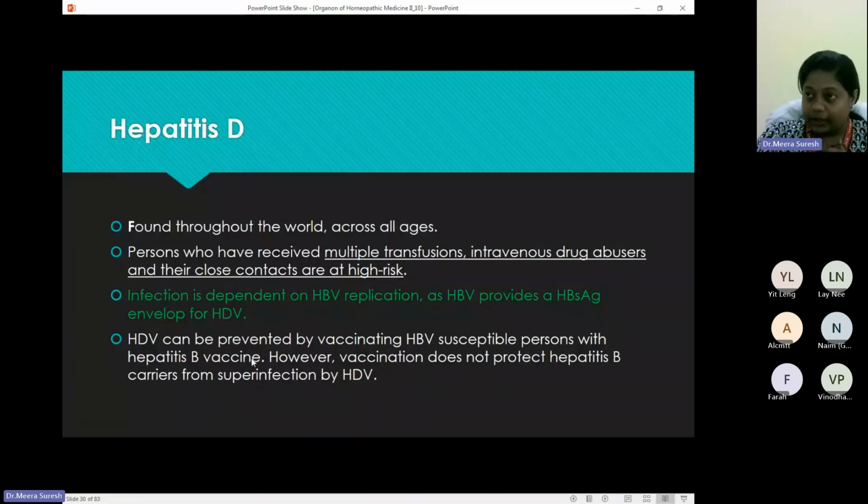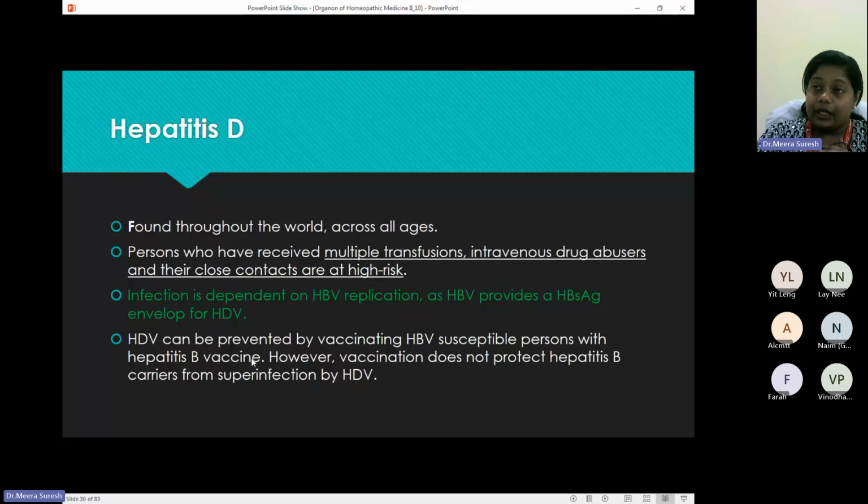So when we give a person the hepatitis B vaccine, in a way that person is protected from hepatitis D also, because D won't infect unless there is B. So if a child is given the hepatitis B vaccine, the child is not going to develop hepatitis B. So in a way, the child is protected from hepatitis D also. But the patients who already had hepatitis B have a bigger chance of later having this hepatitis D infection.